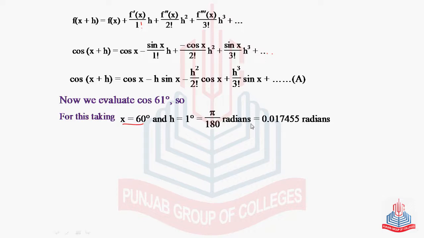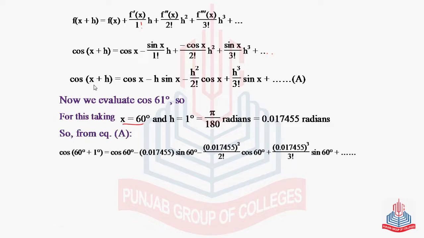Further we explained why we convert this degree into the radian form, and pi by 180 is actually 0.017455 radians.